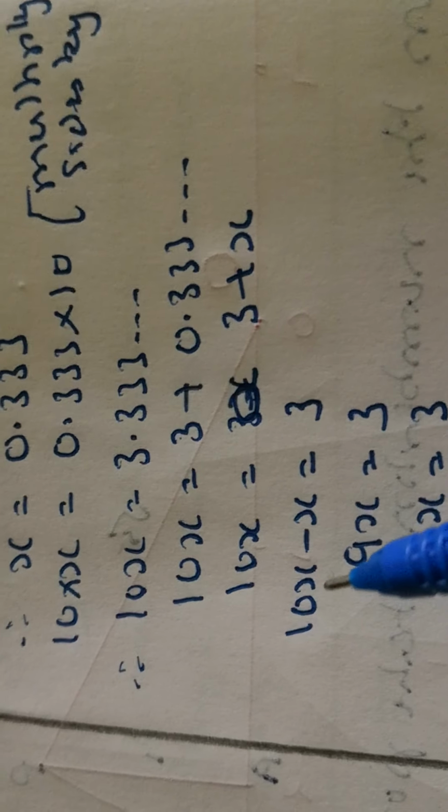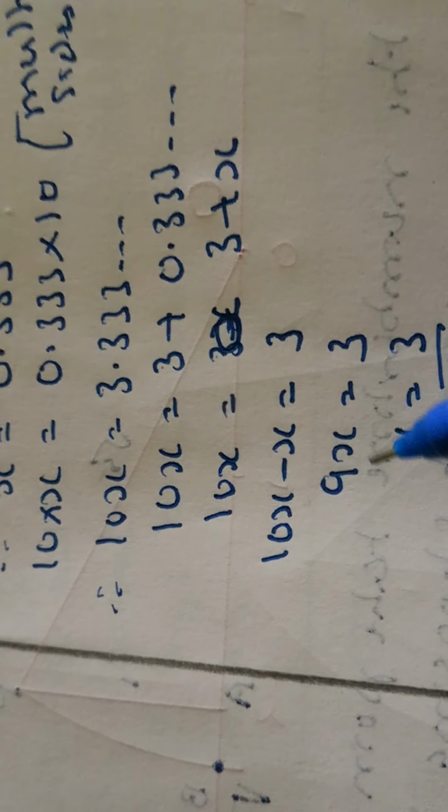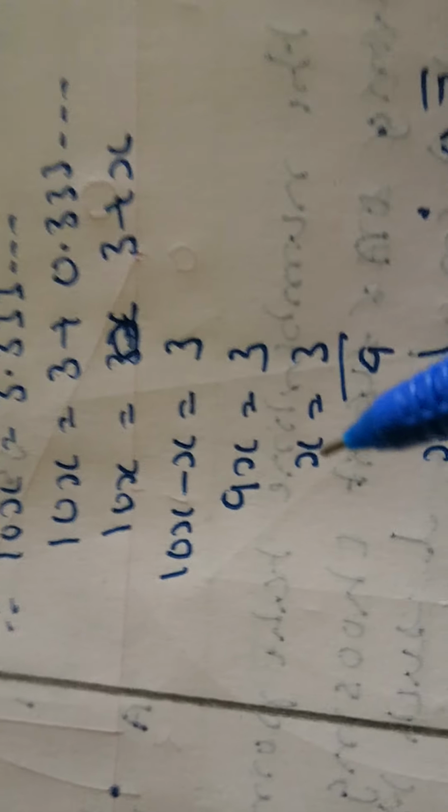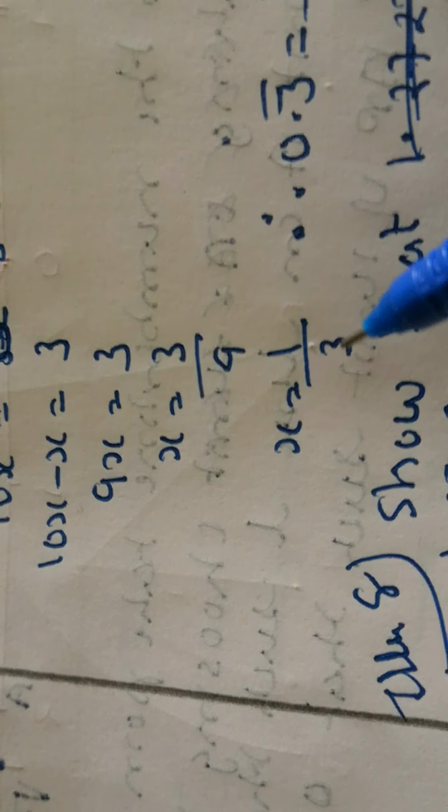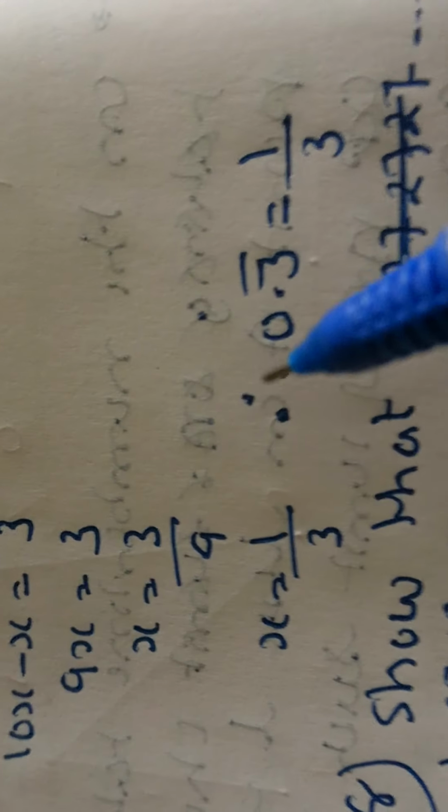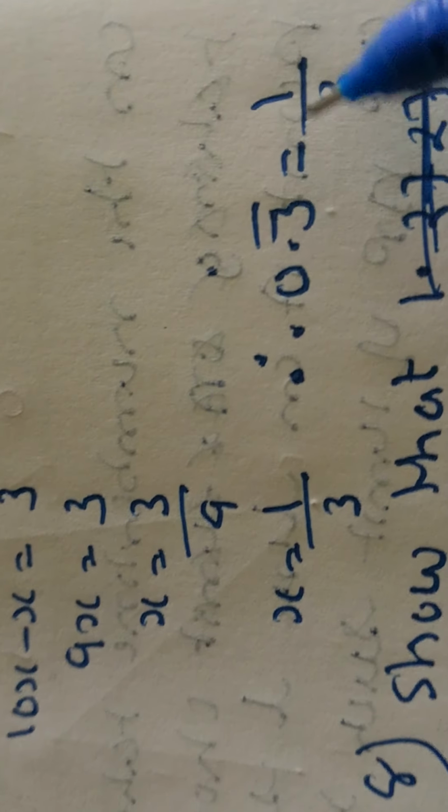Now we have assumed 0.333 as x. So it becomes 3 plus x. Shifting x to the left hand side, it becomes 10x minus x is equal to 3. So 10x minus x is 9x. So x will be 3 upon 9. So x is equal to 1 upon 3, or we can write 0.3 bar is equal to 1 upon 3.